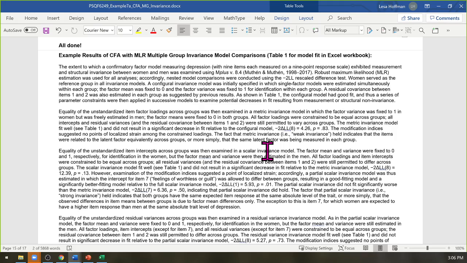So there are certain journals that would publish invariance analyses. If you have a scale that is used commonly in your research area and you want to see whether or not it works the same on a different population than which it was intended, people who read that journal may be interested in that comparison.